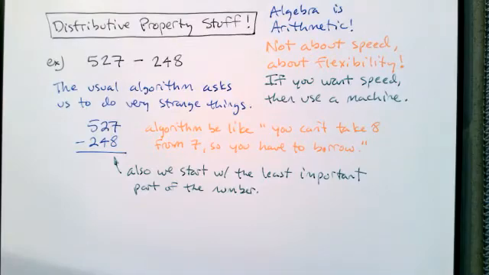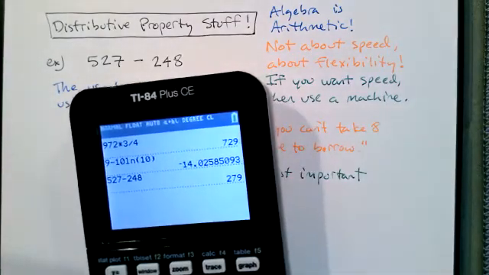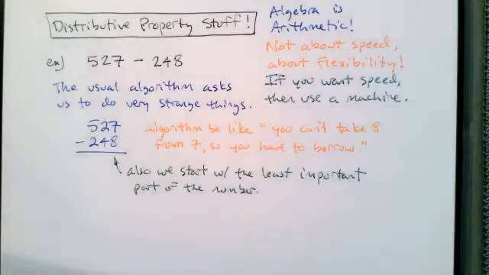Once again, if we wanted to do this fast, the problem's already been done. We already know that. So that's clearly not the point. What we want to do is when we look at a number like 248, it's actually telling us what the digits represent.